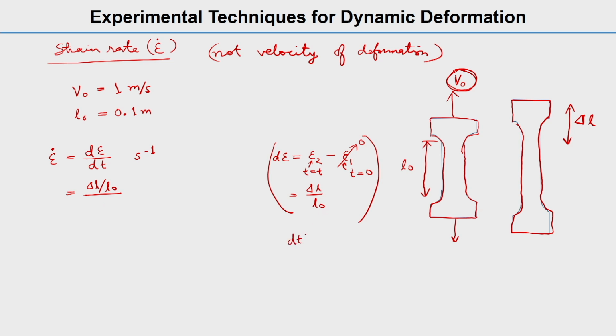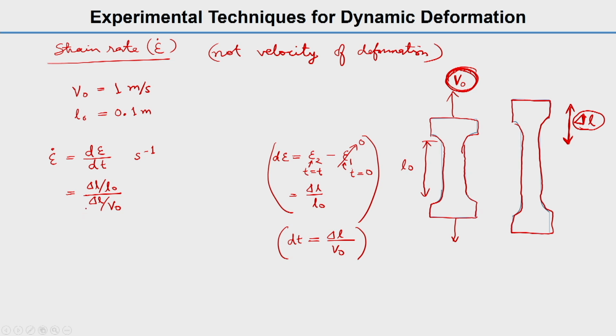The time required for the specimen to have this delta L change in length will be equal to delta L by V naught, where V naught is the velocity of deformation. Now this dt expression we will put here.